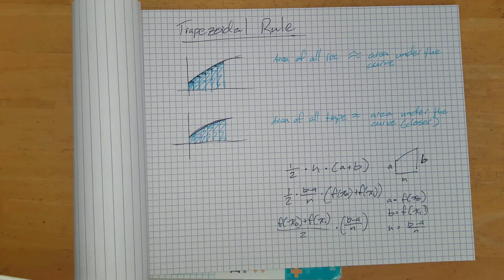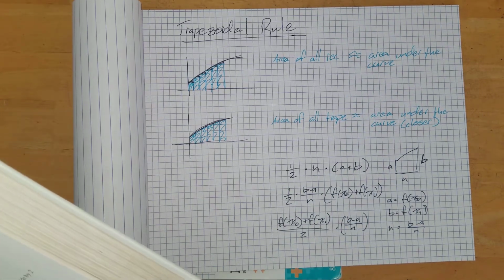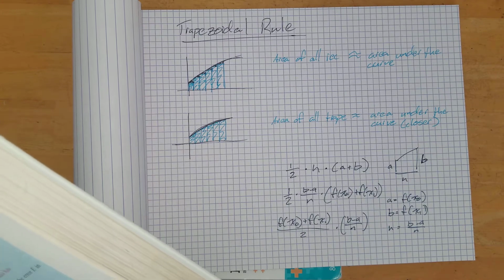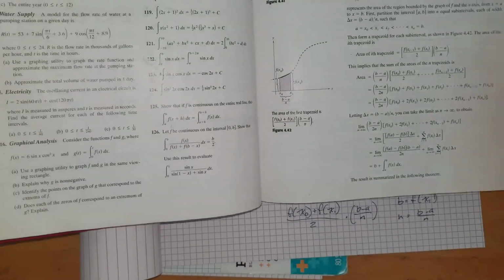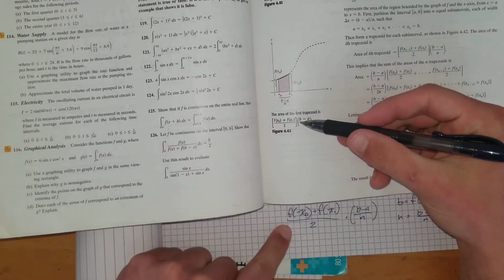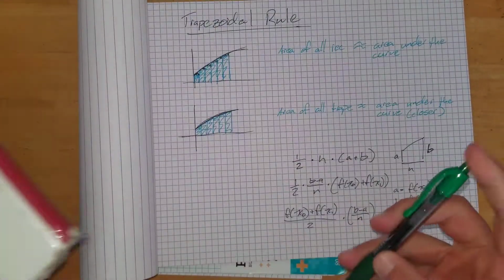But that is the area of the first trapezoid that we see. It's 4.6. So yes, this is the same thing as this down here. So I'm going to bracket or box this off.